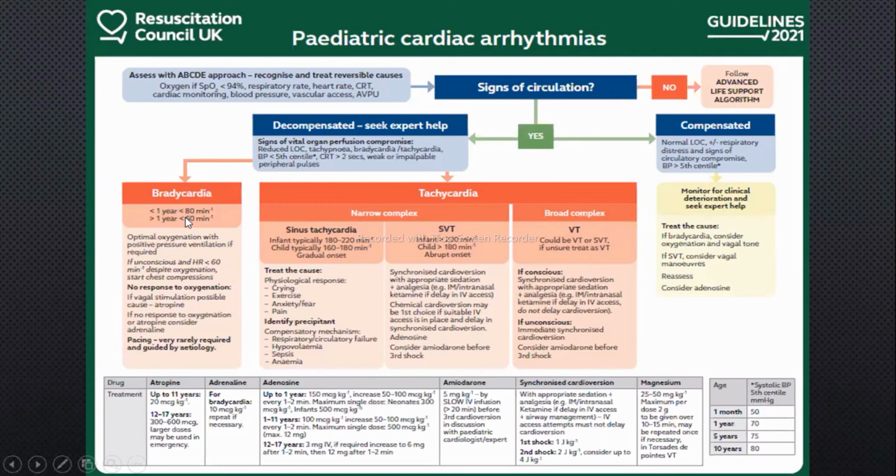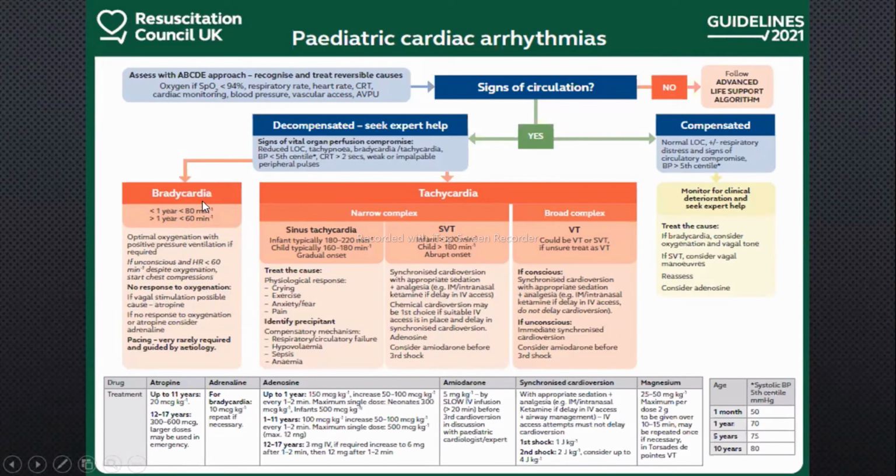If you see the same heart rate, and the patient is unconscious and the heart rate is less than 60 despite oxygenation, you will start chest compression. Start chest compression, and is the patient alive? Yes, so we are following the guidelines. No response to oxygenation, so you have to check if vagal stimulation is possible.